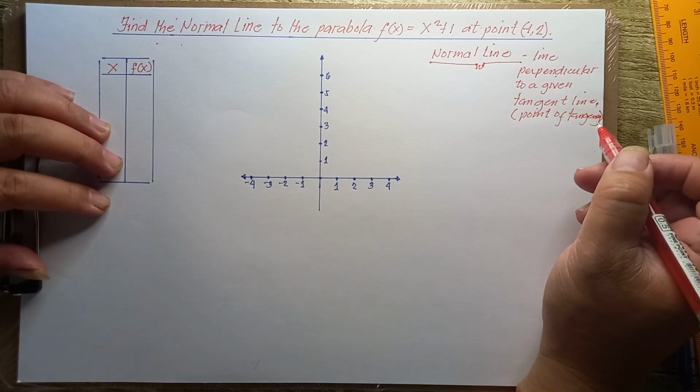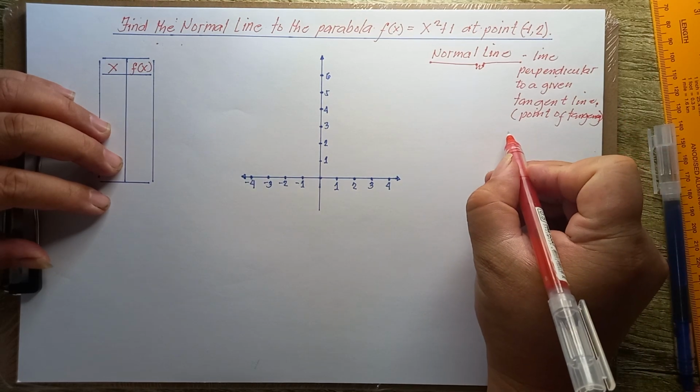Now, how are we going to get the normal line?